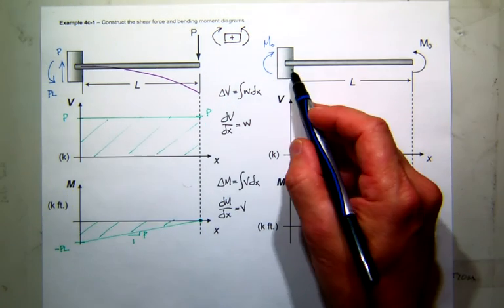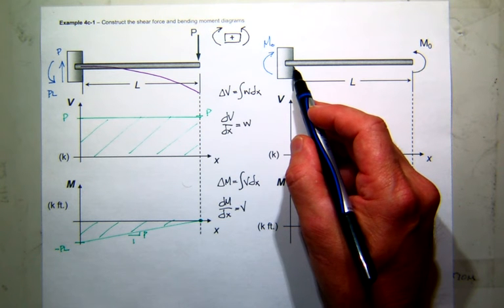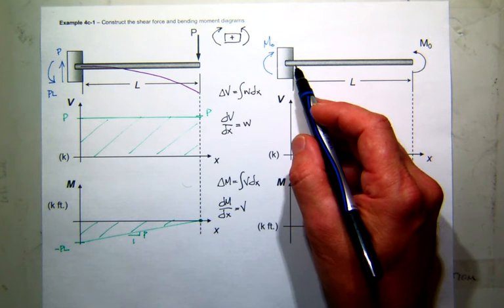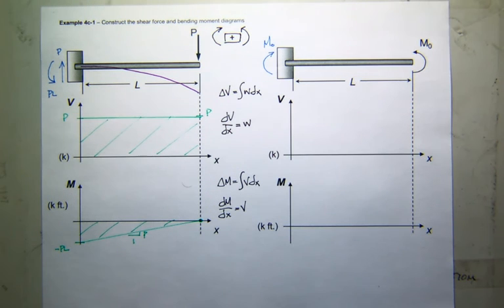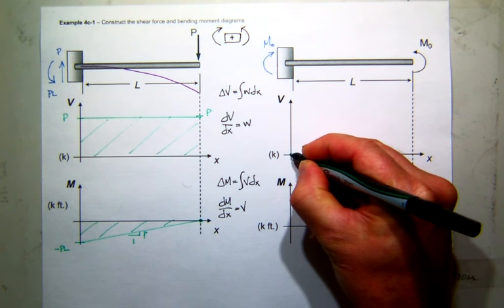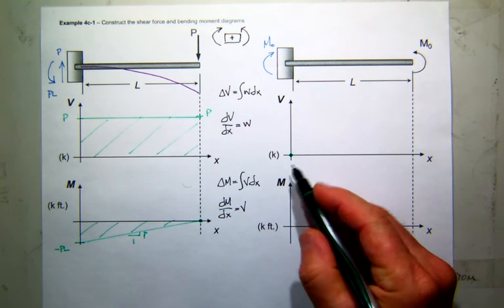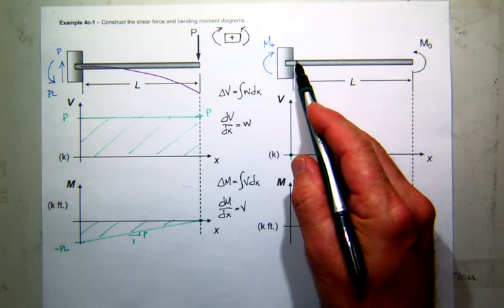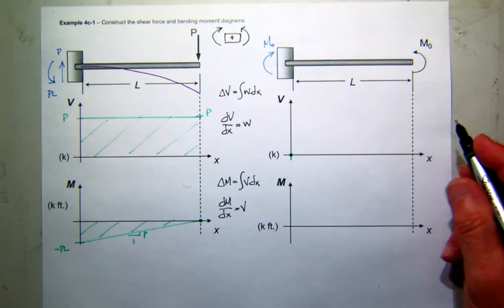So I know I'm going to start with a shear of 0, and I'm going to start with a moment of positive M naught. So let's see what we get. The change in shear is the area under the load curve. What's the area under the load curve? 0. So that means I got no shear.